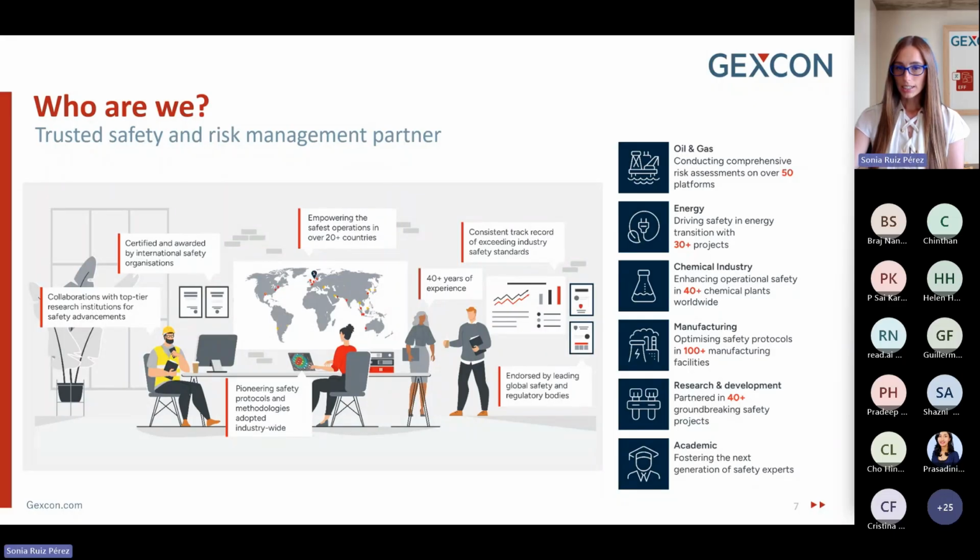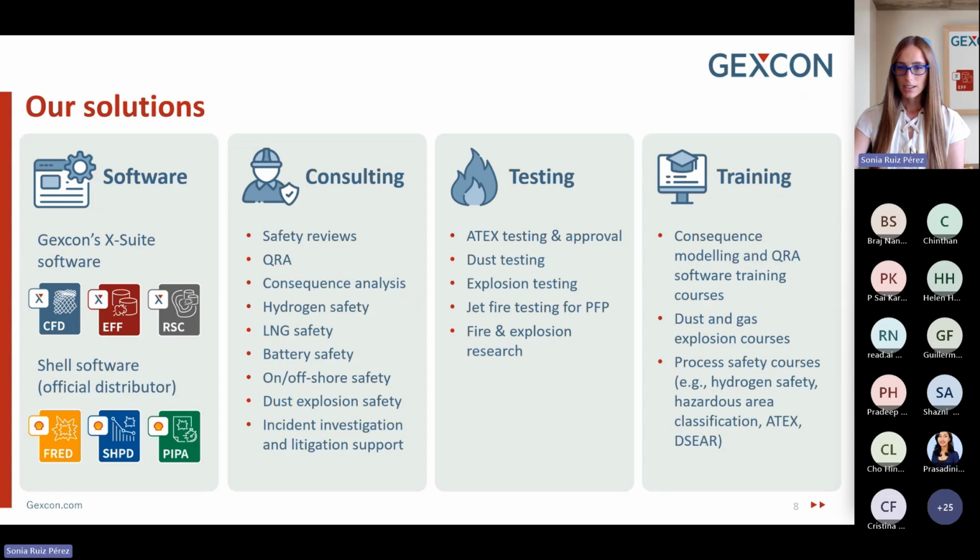We assist our clients in identifying, preventing, and mitigating toxic and flammable hazards in their facilities through different business units. First, we have integral and CFD software modeling tools for consequence and risk modeling studies. These software tools enable our clients to conduct safety assessments ranging from quick calculations to complex analysis.